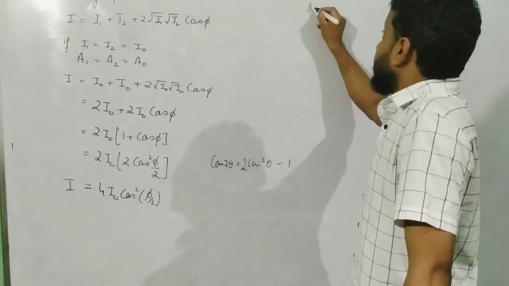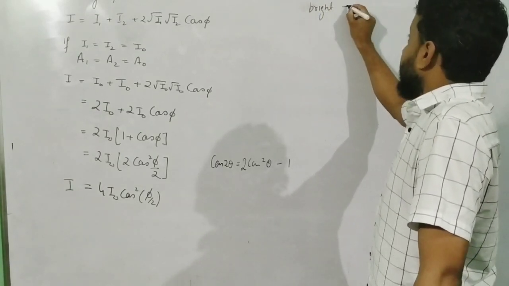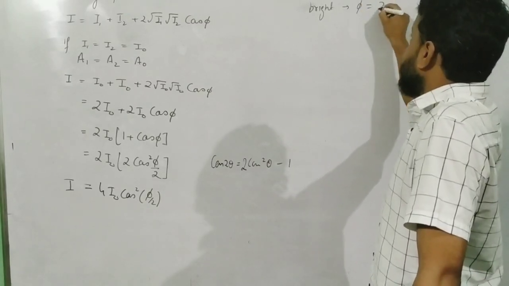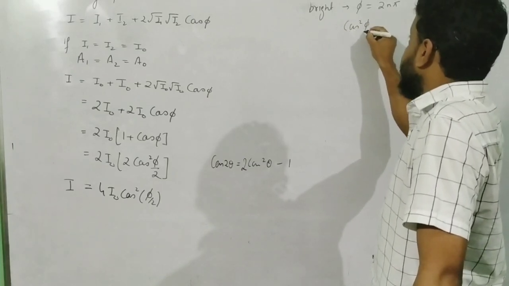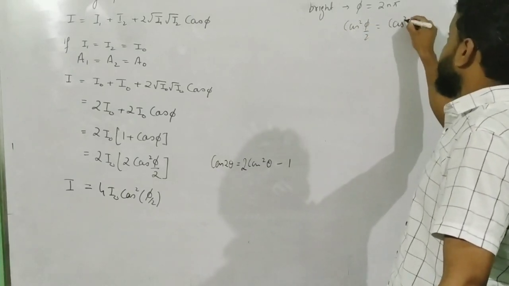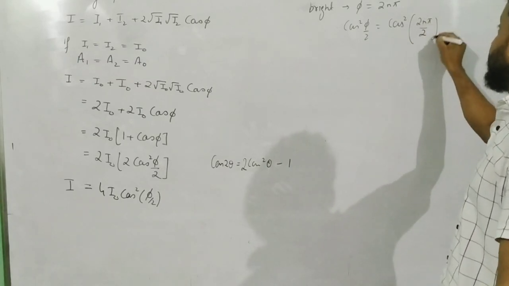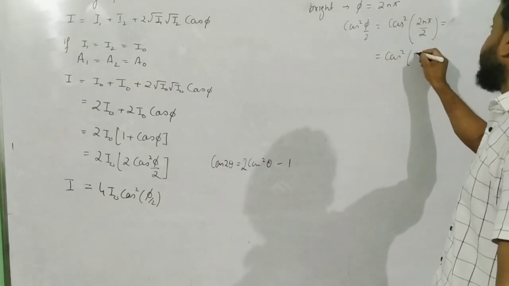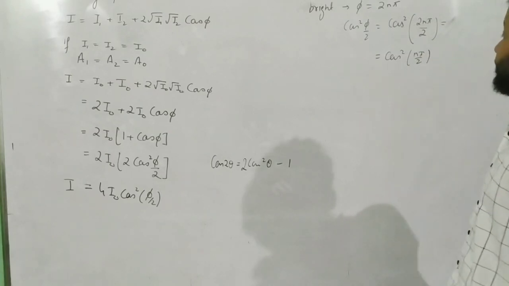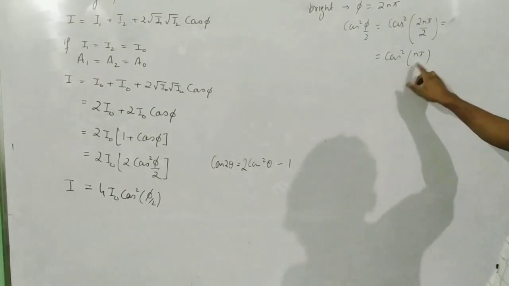So we know that for bright, the value of phase difference must be equal to 2 n pi. So what is the value of cos square phi by 2? That is equal to cos square, put the value of phi, phi is 2 n pi, and then divide by 2 in the formula. So you will get cos square n pi.